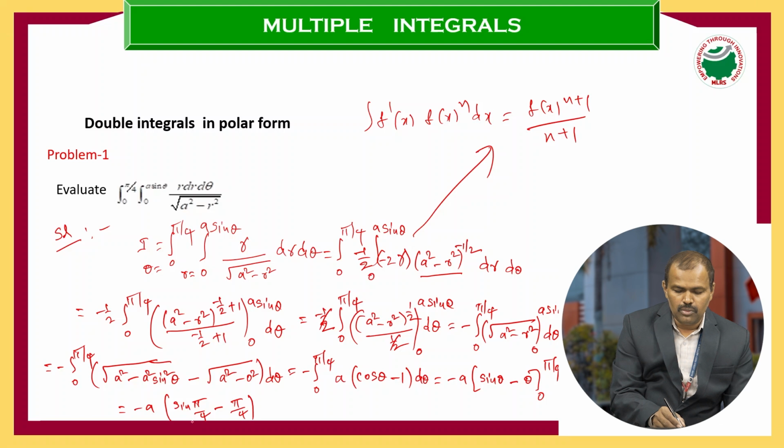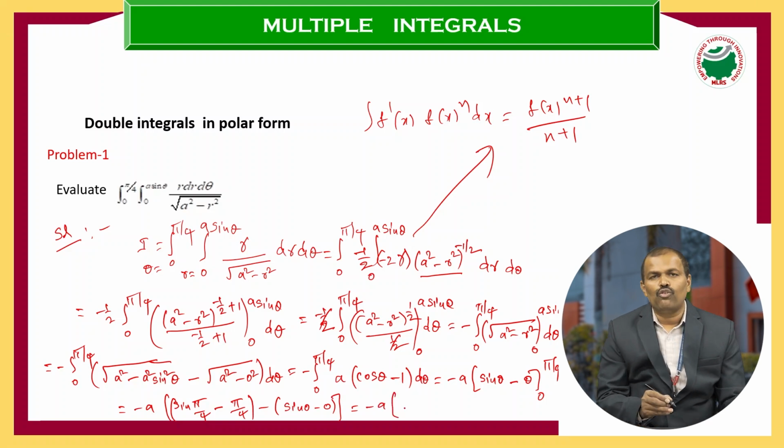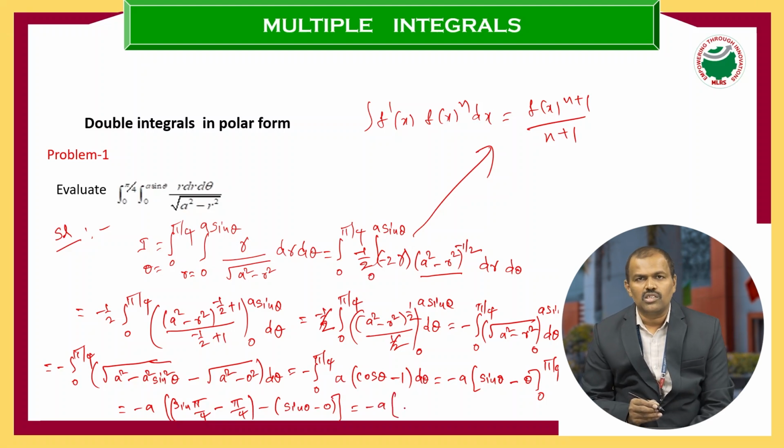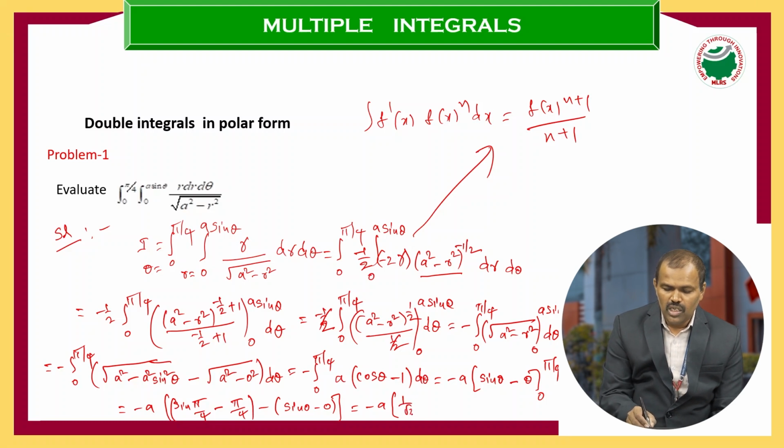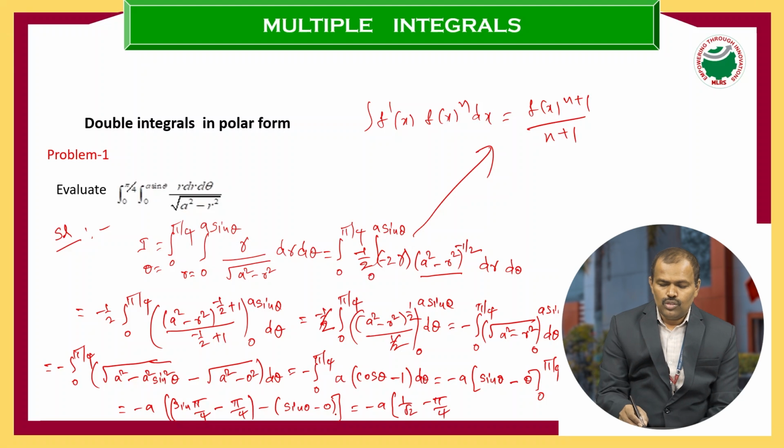So this is upper limit. Lower limit sin 0 minus 0. So here we know that minus sin pi by 4. Pi by 4 means 45 degrees. Sin 45 degrees is 1 by root 2, minus pi by 4. And sin 0 is 0. So when I take this minus inside, a into pi by 4 minus 1 by root 2.